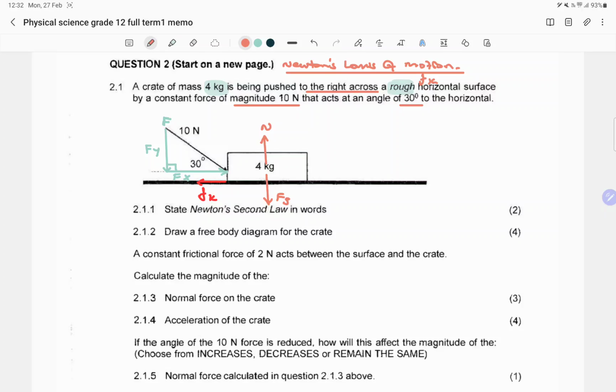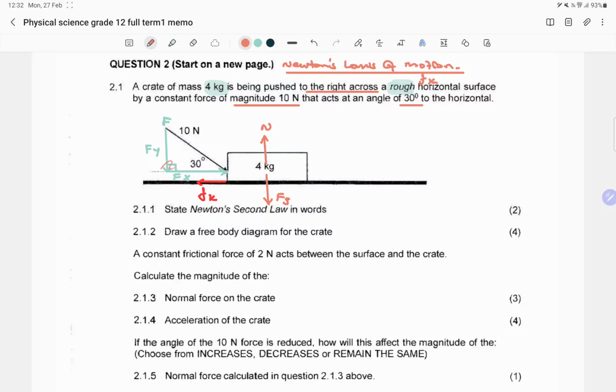Now you can already tell what is balanced here and what is not balanced. If we're moving to the right, it means the horizontal forces will determine a horizontal motion. So our horizontal component of our force is greater than the frictional force, and that's why we would be moving to the right. That is key. Number 2, what else?